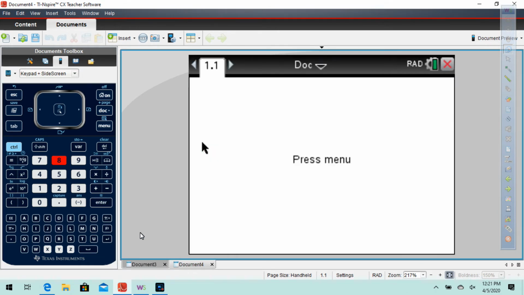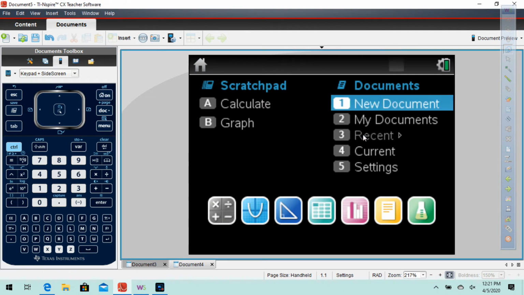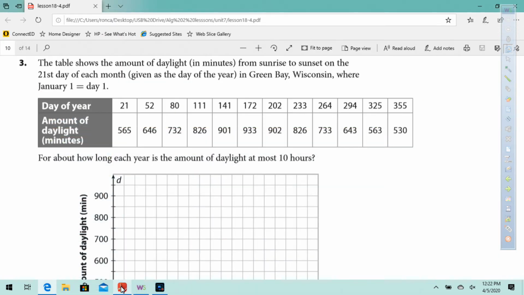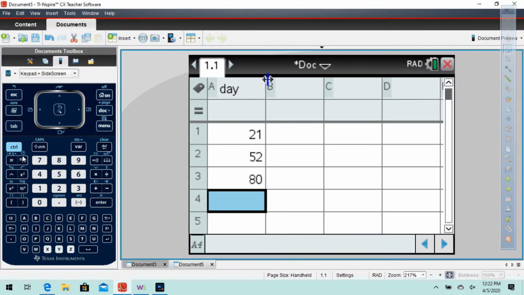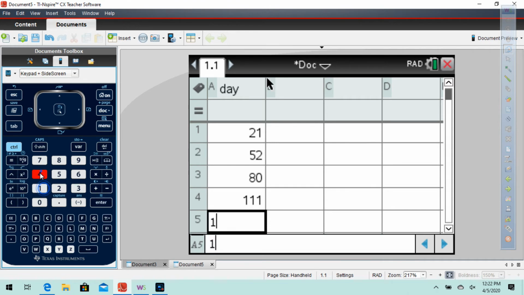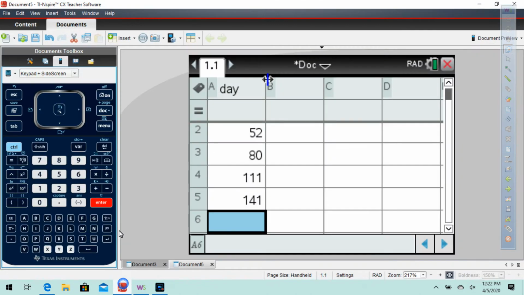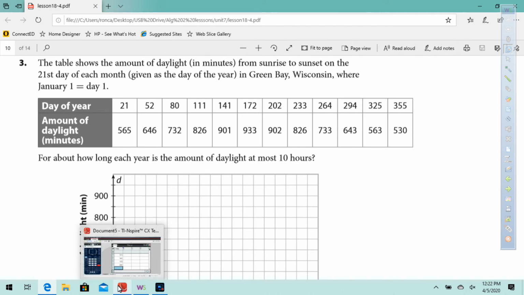Let me redo it: new document, spreadsheet, and we'll put day. 21, 52, 80, 111, 141, 172, 202, 233, 264, 294, 325, 355.